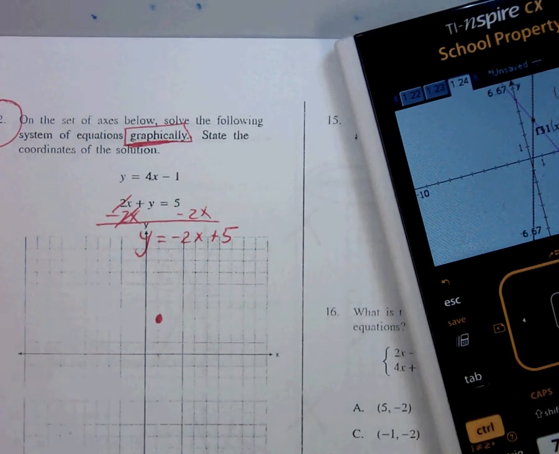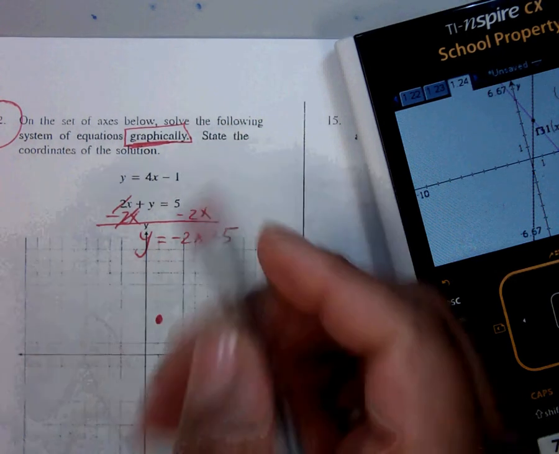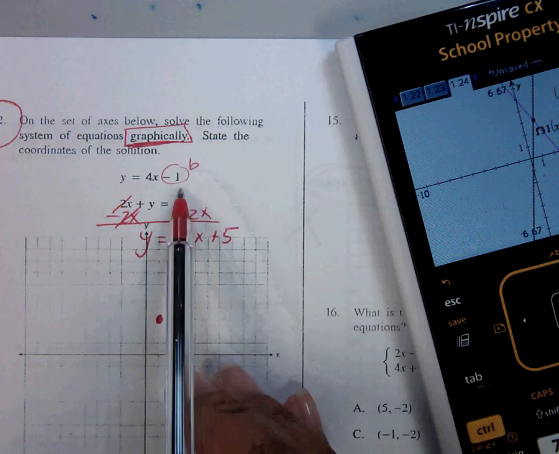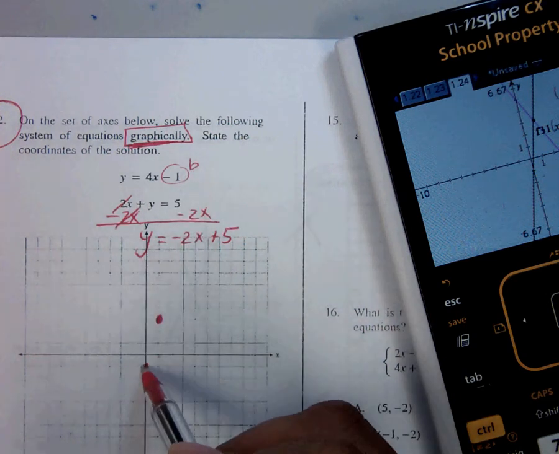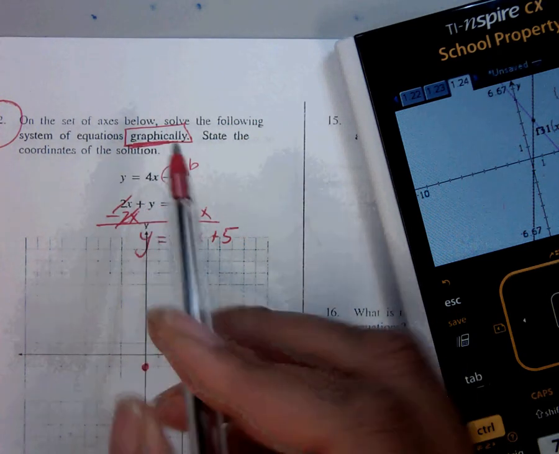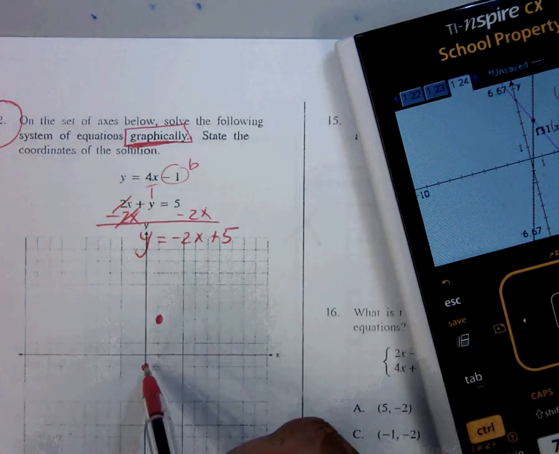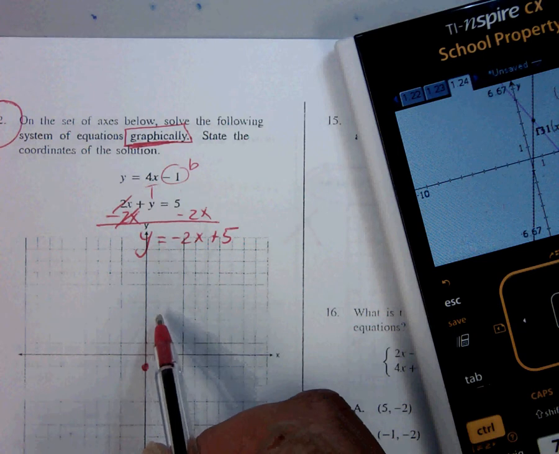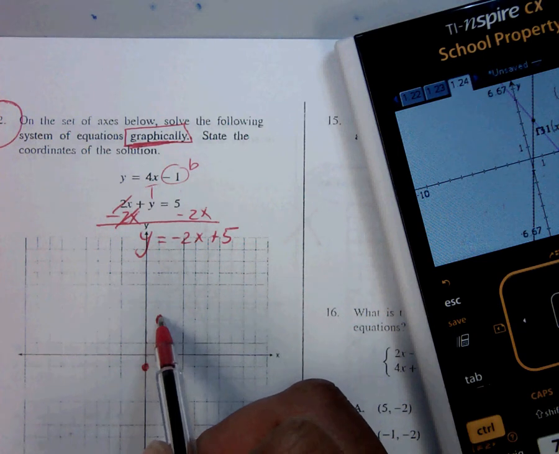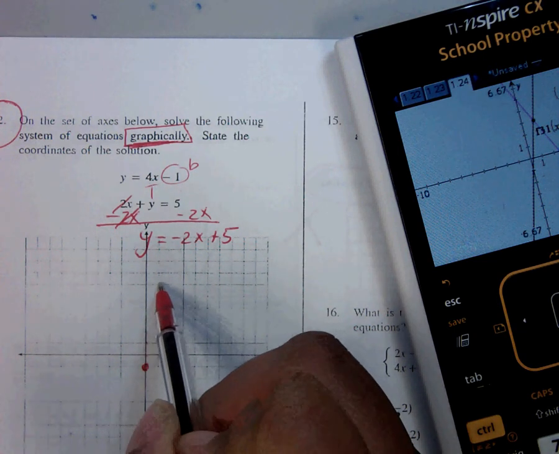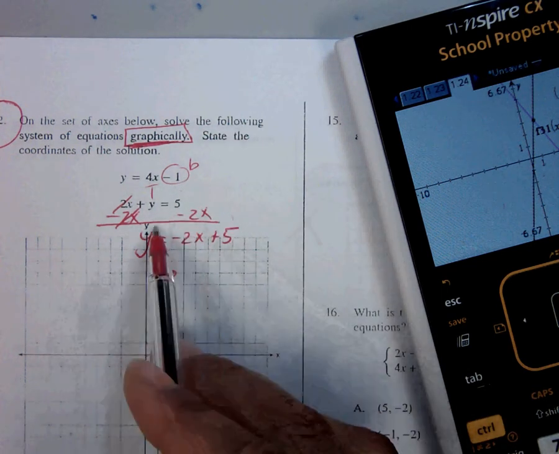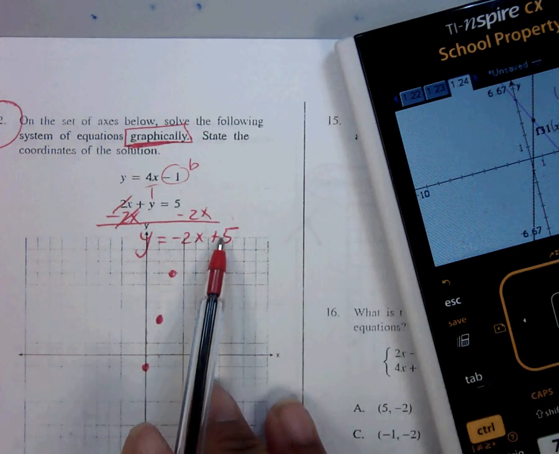So now prove to me that this is the answer. So we know that this is B, the y-intercept. And if this is the slope, put it over 1 and go up and over. Do it again. Okay, now let's do the next one. Here you go.